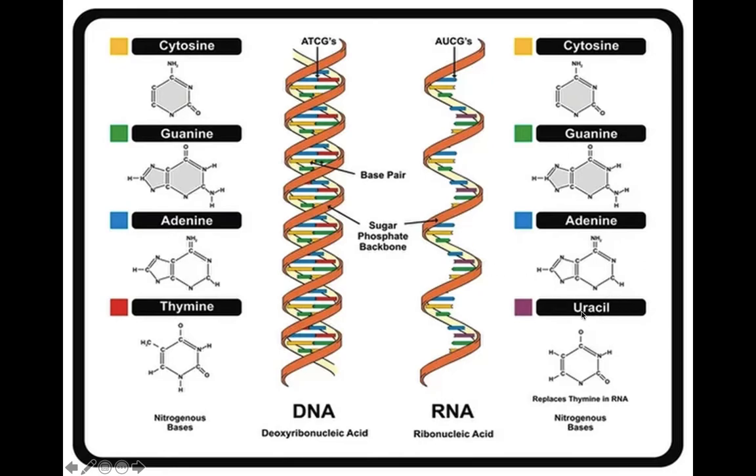All right. So some other things I want to go over on this slide just real quick. Right here, you see how it says base pair? Well, this side is yellow and this side is green. If you notice, cytosine is yellow and guanine is green. And here, yellow and green are still paired.